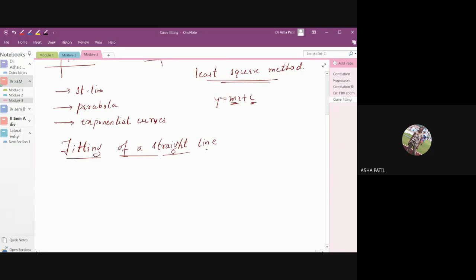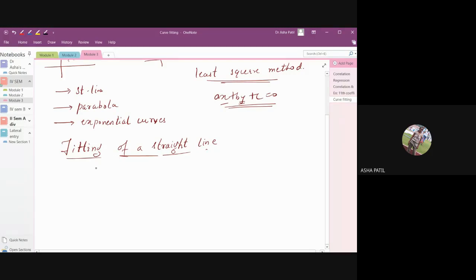General equation, anybody? Y equal to x. No, that's a particular equation, the line equation which passes through the origin. Ax plus by plus c equal to 0. This is the general equation we call it as for a straight line, a linear equation in terms of x and y. Okay, or else we can write a straight line.